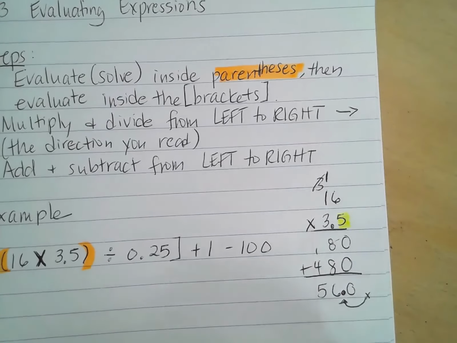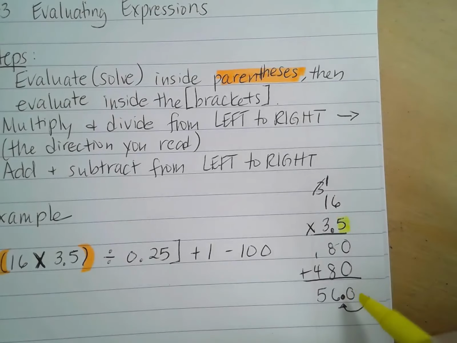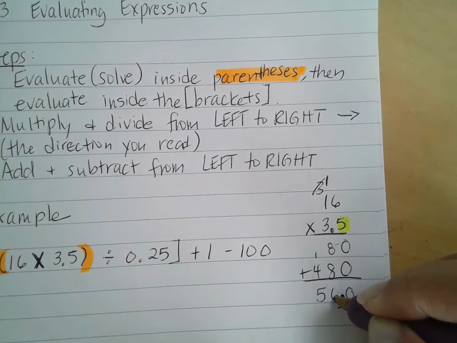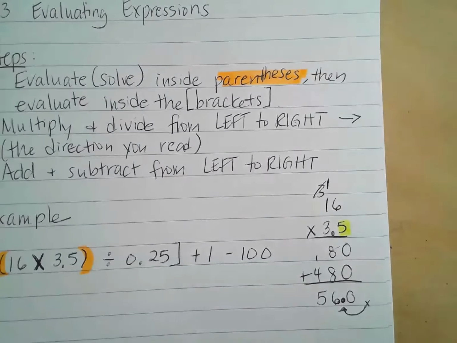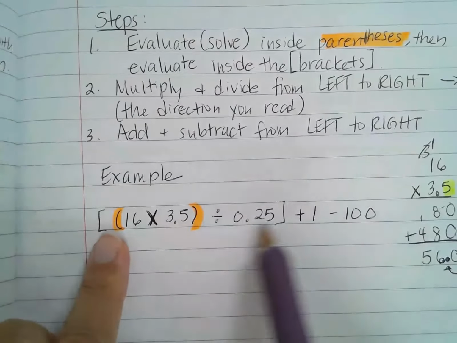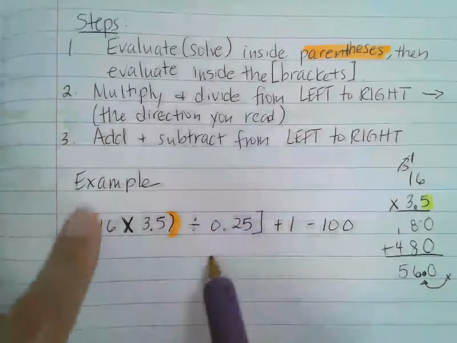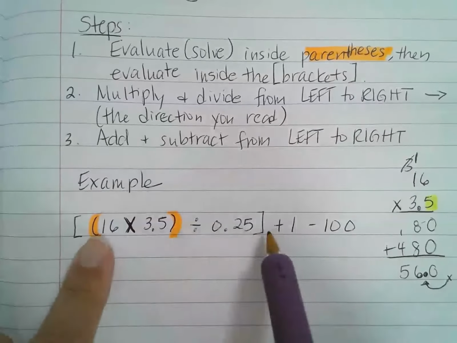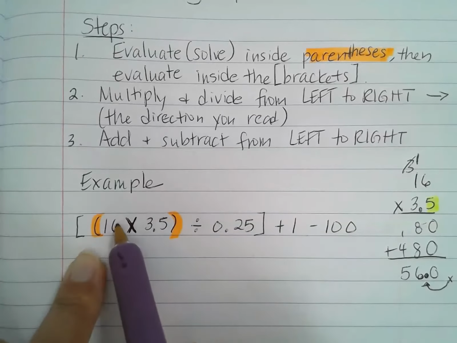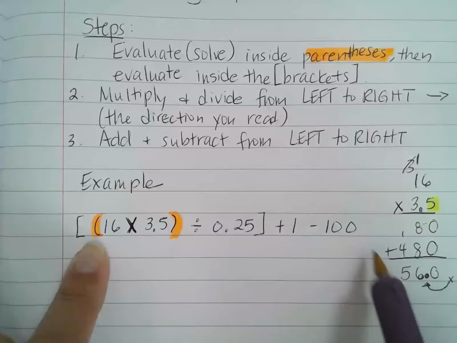So there's my decimal point. My answer is the whole number 56. I don't have any variables in this instance. I'm evaluating with numbers. So I've evaluated or solved this part here. 16 times 3.5 is 56.